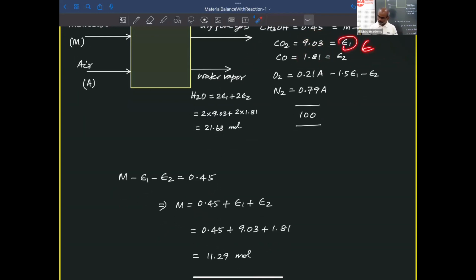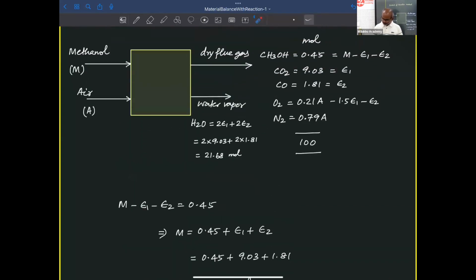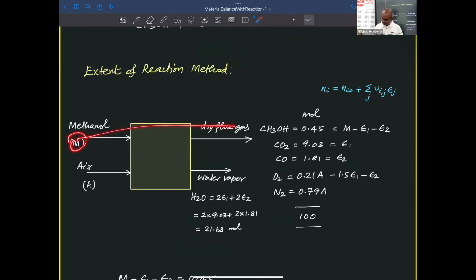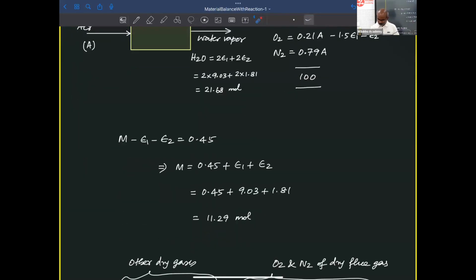Actually, epsilon, I'm simply calling it E. So from that, we have M calculated. M is nothing but the methanol entering, minus the other content, this is the methanol leaving. From that, M is calculated. So M, the methanol entering, is 11.29 mole.